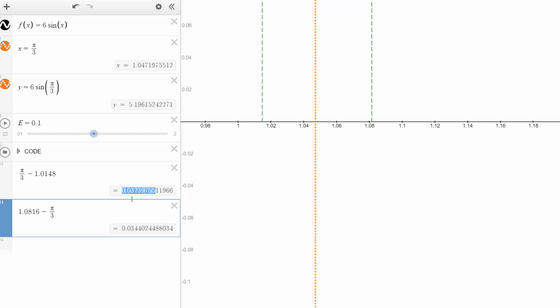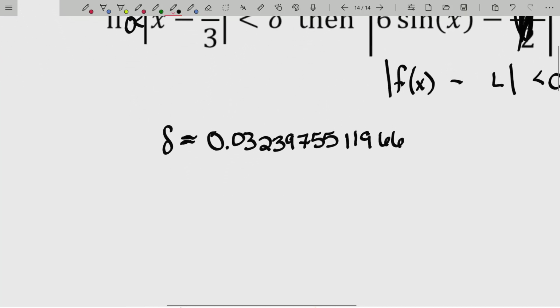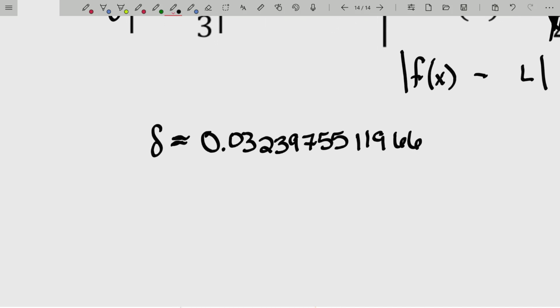And that actually is the smaller of those two values. So it's the smaller of the two deltas. And so therefore the appropriate delta would be roughly, I'm saying approximately equal to that number right there. So bringing it back to our handwritten page here, that's the delta that we're going to choose.